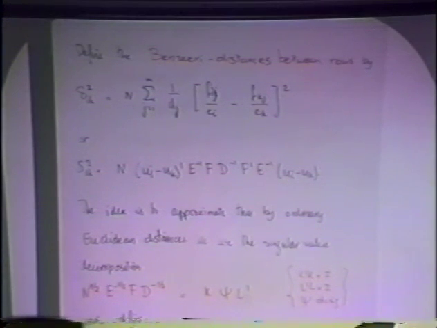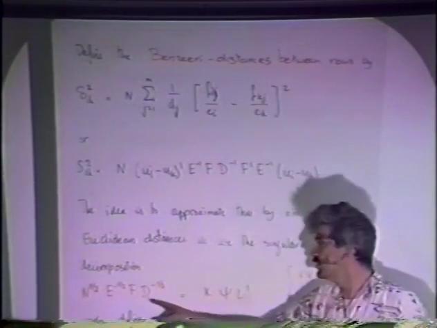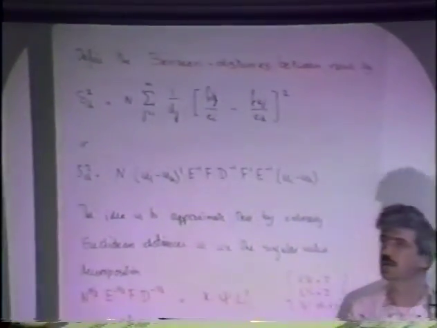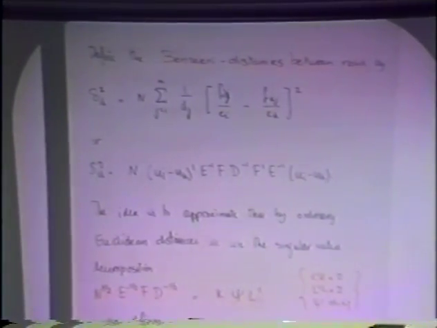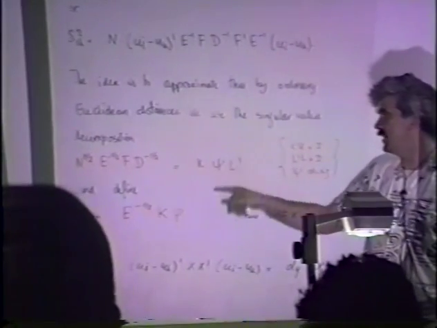In order to do this properly, we use the singular value decomposition. I'm more or less assuming that you're familiar with the singular value decomposition. I don't know how safe that is, but this is a given matrix. This is the matrix of frequencies corrected for the marginals. And this is the singular value decomposition of this matrix.